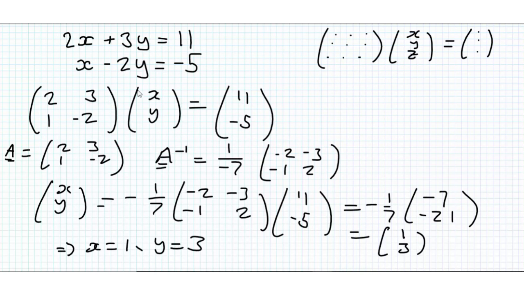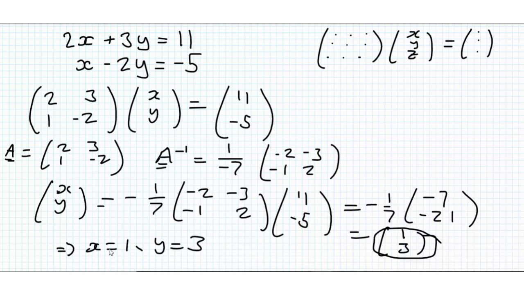Because we're multiplying by the inverse, we get this vector x, y, and if x, y as a vector is equal to some other vector here, then the ith component, the x component, must be equal to 1, and the jth component, y, should be equal to the jth component here, otherwise those vectors are not equal.